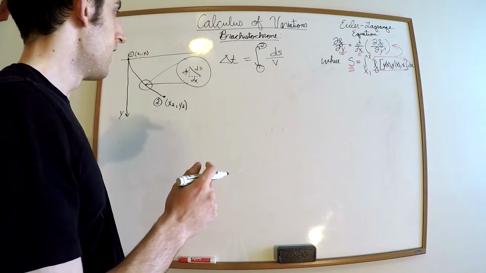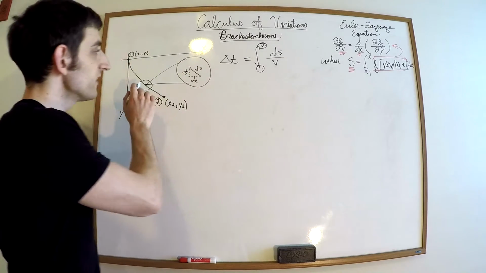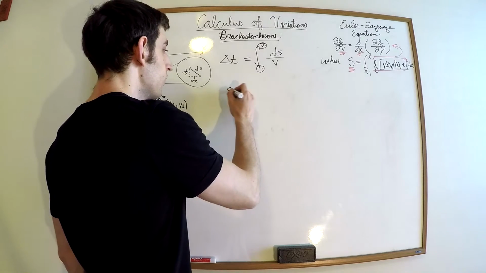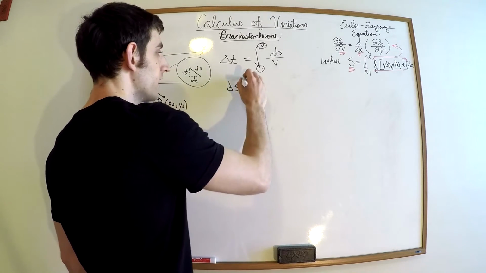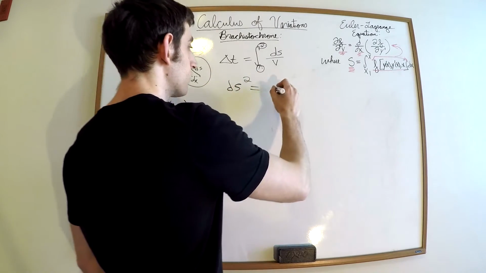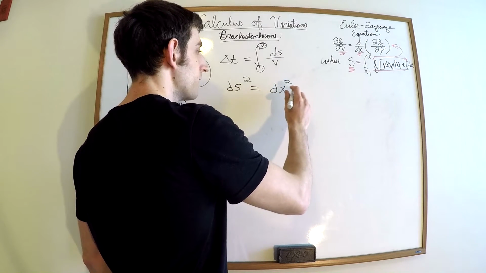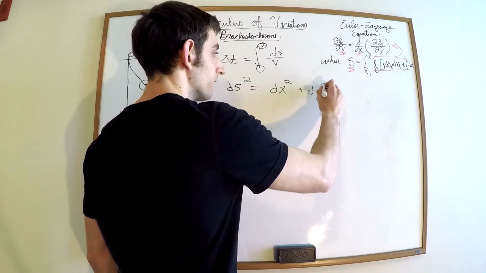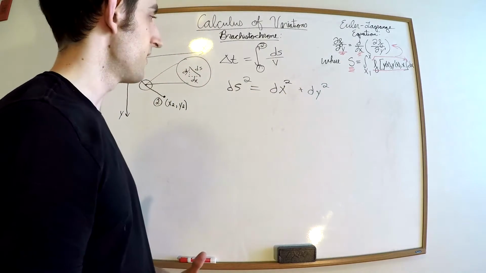So we can take this infinitesimal part here. We can use the Pythagorean theorem again, and we know that the hypotenuse squared, ds squared, is equal to dx squared plus dy squared, right? So let's work with this a bit more.